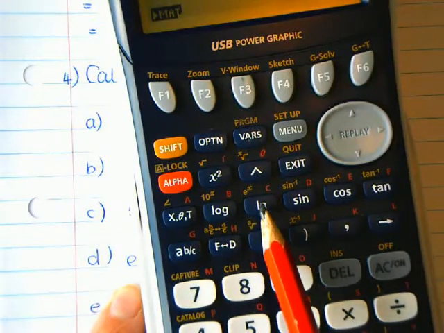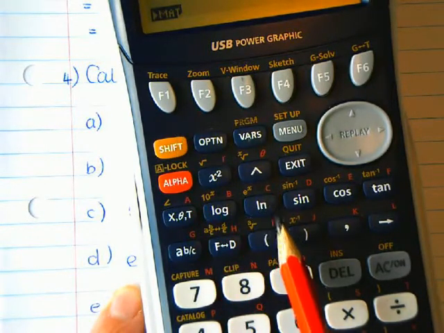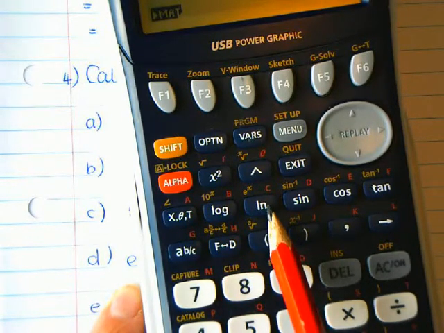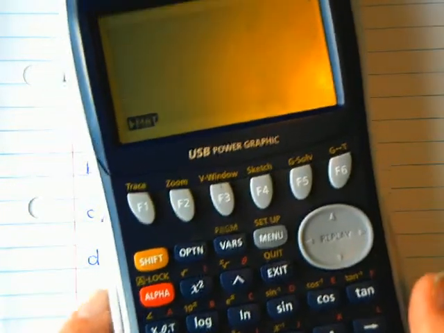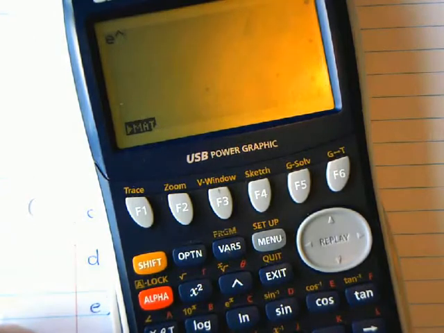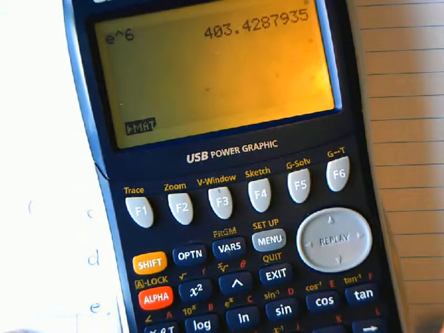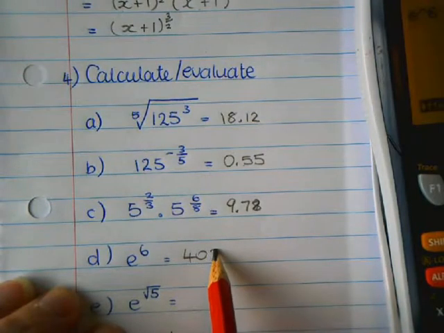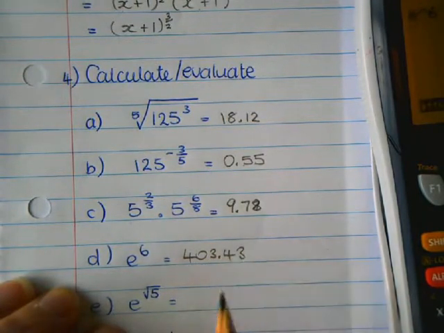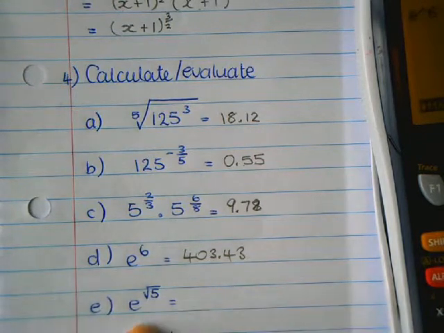Now e is a pre-programmed number in your calculator, so to find it, it is simply here. It's Shift and then the natural log button. So e to the power of 6 is simply Shift e, hit 6, enter. 403.43.